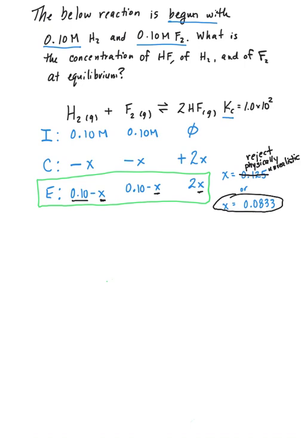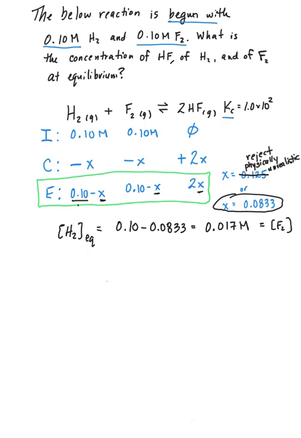Because when we subtract 0.0833 from 0.1, we get a positive value. So, how do we determine our concentration of H2 at equilibrium? We do just that. And it turns out that this also equals the concentration of F2 at equilibrium, to two significant digits, 0.017 molar.